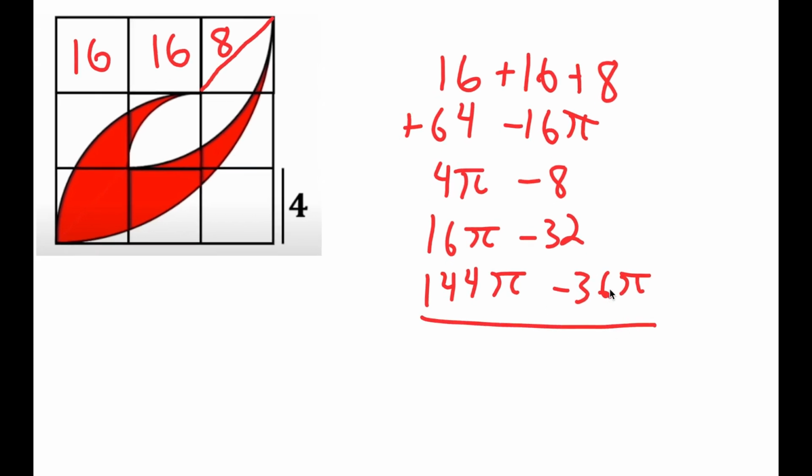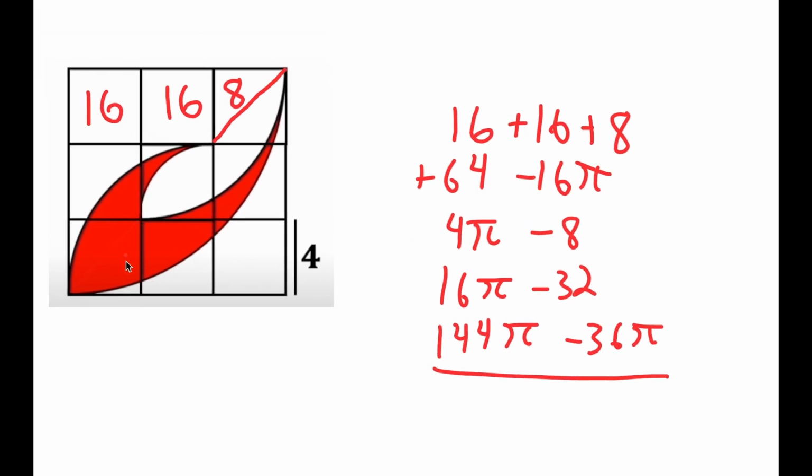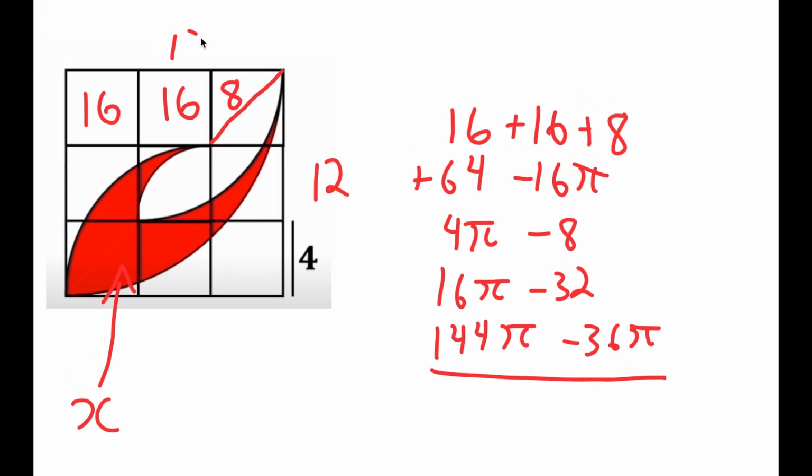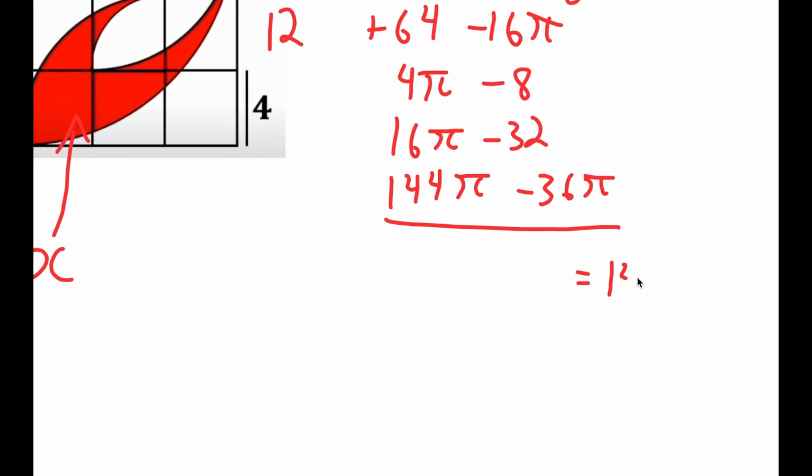And if I add all of these up, and I can also say that this red portion right here is going to be x. So the total area of this entire thing is going to be 12 times 12, because the length of this is 12 and the length of this is 12. So the total thing is going to be 144.